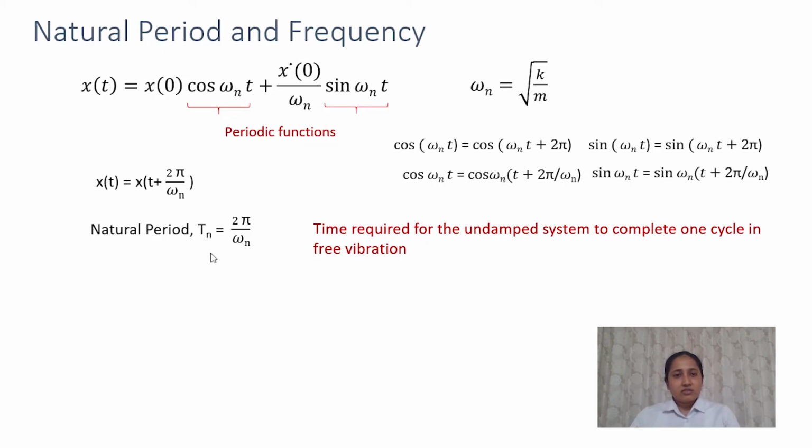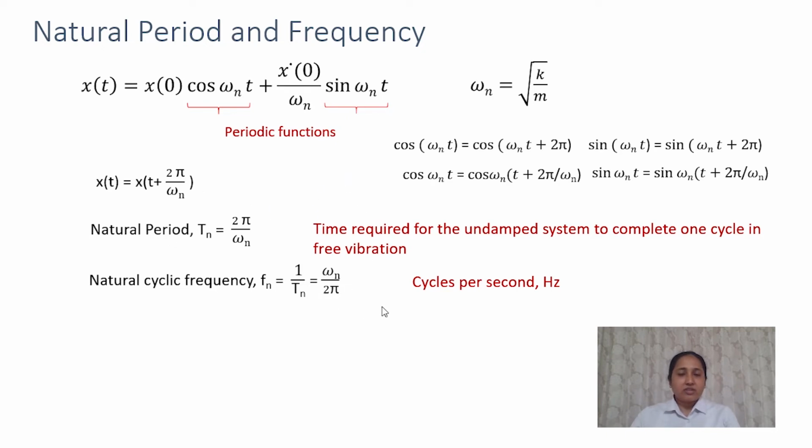Since we know the period, we can calculate the frequency, that means how many cycles of vibration there are in a second. So the natural cyclic frequency can be calculated as the reciprocal of the natural period, which is equal to ωn/2π. This is called the natural cyclic frequency.